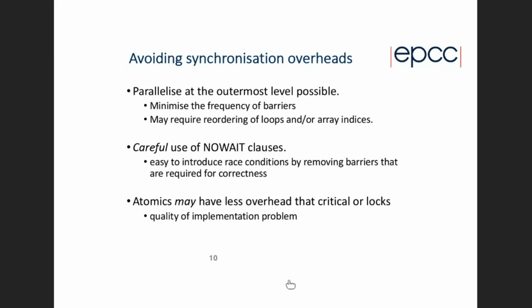So trying to move that parallel loop further out and reorganizing your code like that may be what you need to do. There are cases where you can get rid of the barrier with nowait, but obviously be careful because sometimes that's completely necessary to avoid race conditions. And atomics probably do have significantly less overhead than critical locks in most implementations.